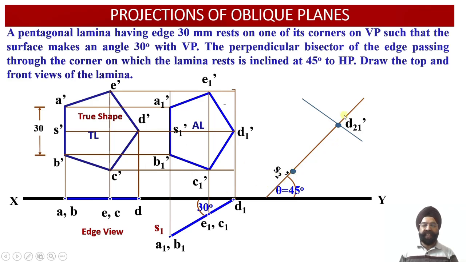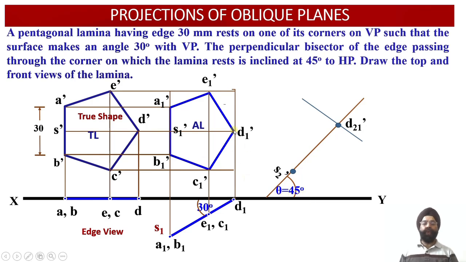So this distance we have marked equal to the distance D1 S1 or equal to the distance D dash S dash. Now we can see this perpendicular distance from the vertex to the midpoint of the line AB. So this true length is inclined at an angle of 45 degrees with respect to HP. That is why we have named this angle as angle theta.